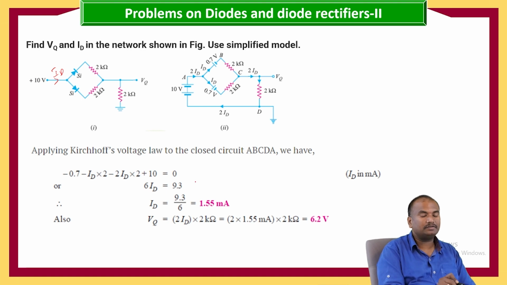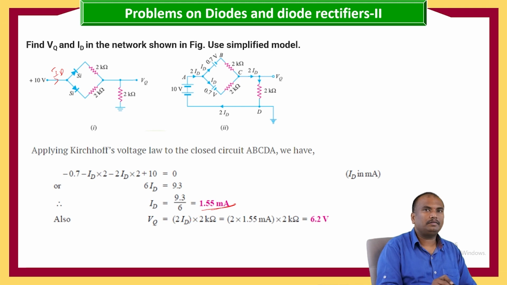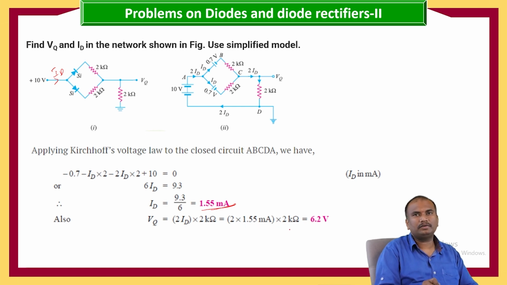Here 6 ID is equal to 9.3, where ID is equal to 9.3 by 6, which is equal to 1.55 milliamperes. VQ is equal to 2 into ID into 2 kilo ohms, which is equal to 2 into 1.55 milliamperes into 2 kilo ohms, that is equal to 6.2 volts.